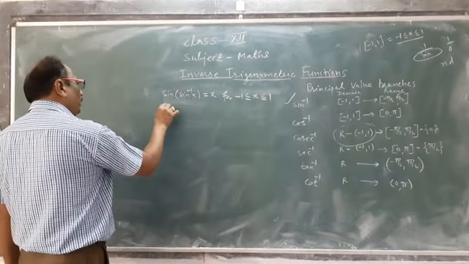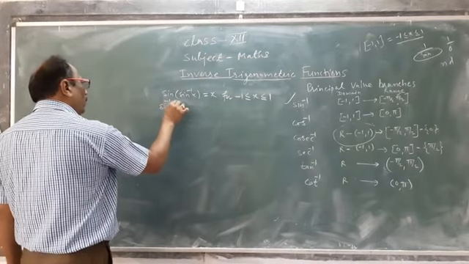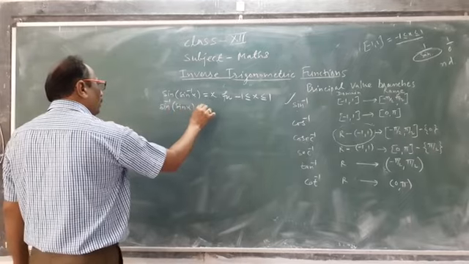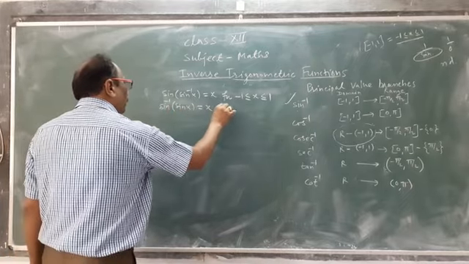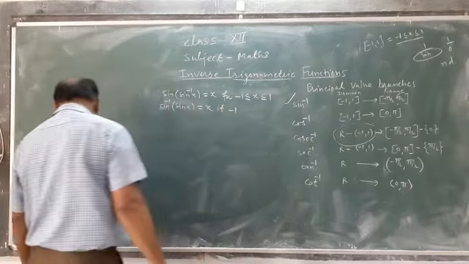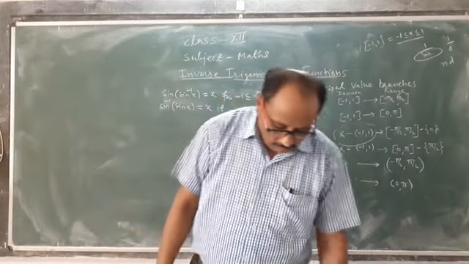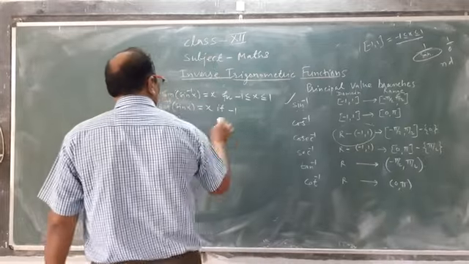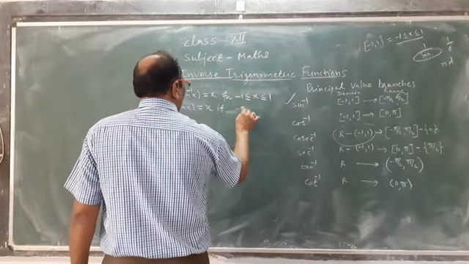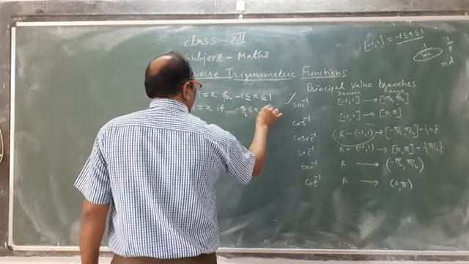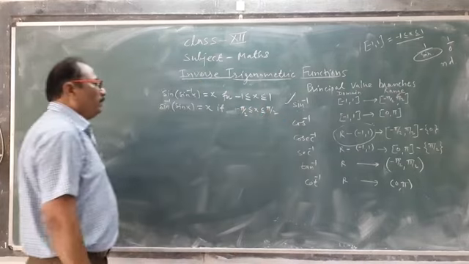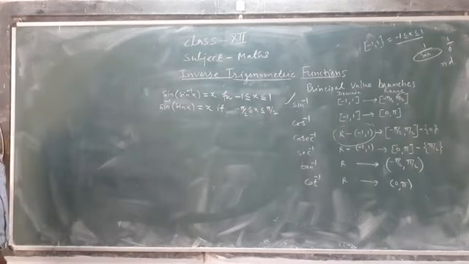Sin inverse of sin x is equal to x if minus pi by 2 less than or equal to x less than or equal to pi by 2.